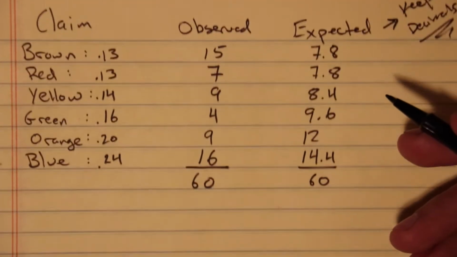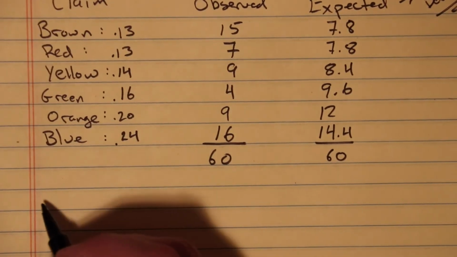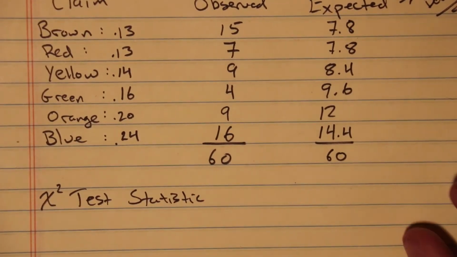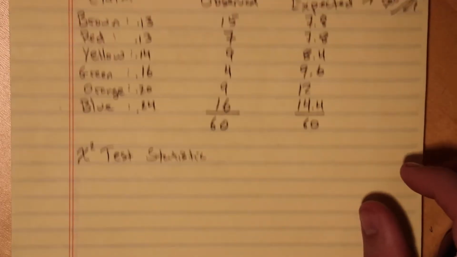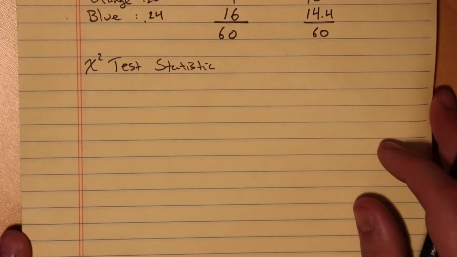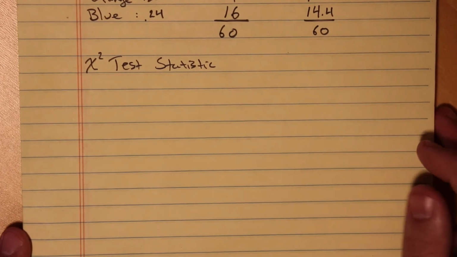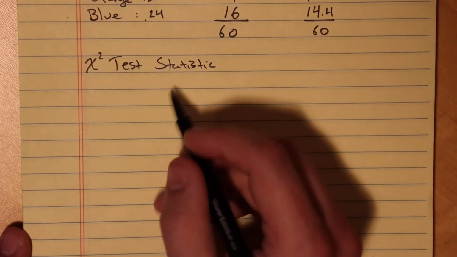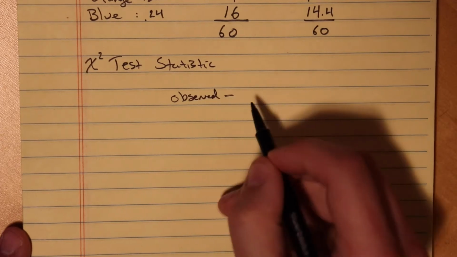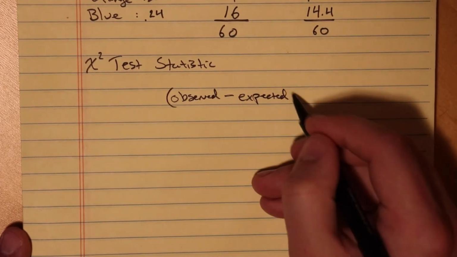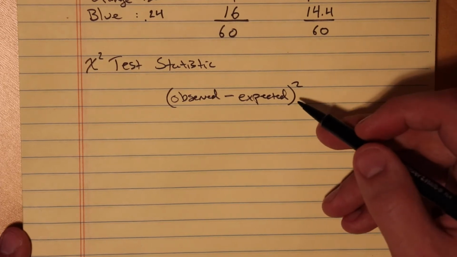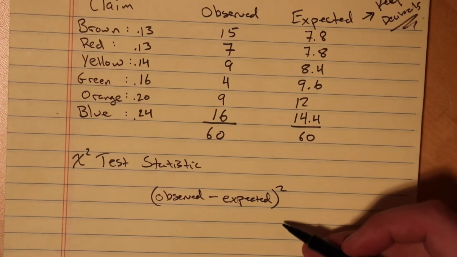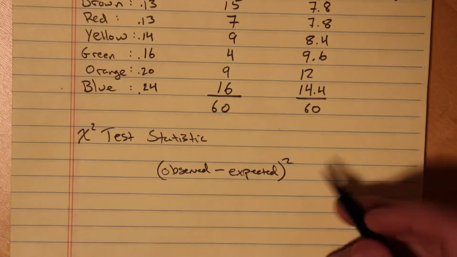So now, let's talk about the chi-squared test statistic. There is a formula on your formula sheet that you do not have to memorize, which is really nice. We talked about it yesterday in class. The chi-squared test statistic looks like this. You take all the observed counts minus the expected, and you square those differences. Why squaring? Because that makes all the differences positive, and we don't like it when negative and positive differences cancel themselves out.